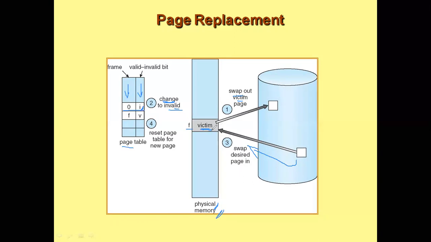So in the place of the victim page, you have to bring in the desired page, and then this frame number is now reset to valid. That is, you reset the page table for the new page. Initially it was invalid because that particular page was not in the main memory, and then later we reset the required page status to valid because right now it is in the main memory after the third step.